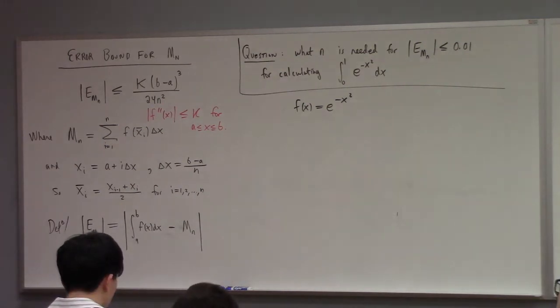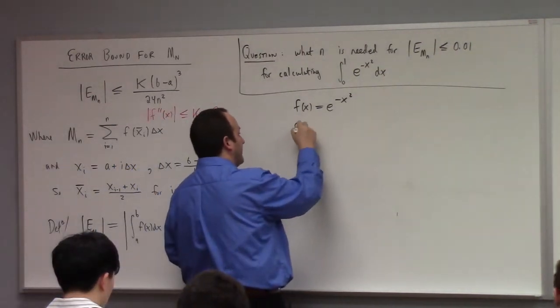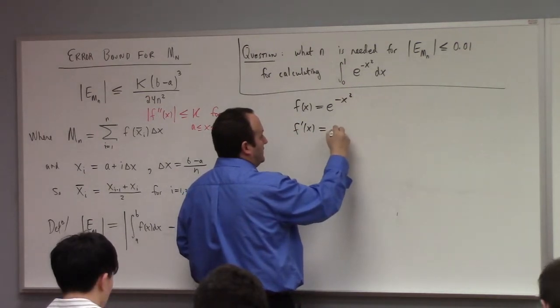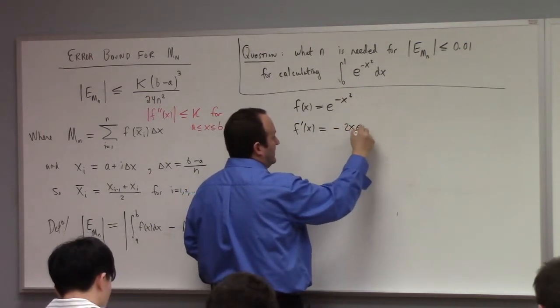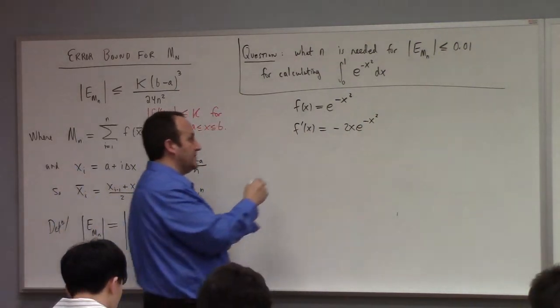Okay? So what's f prime of x? Looks like we've got a minus 2x e to the minus x squared, yeah? What's f prime prime of x?